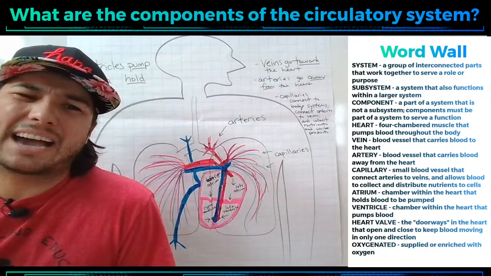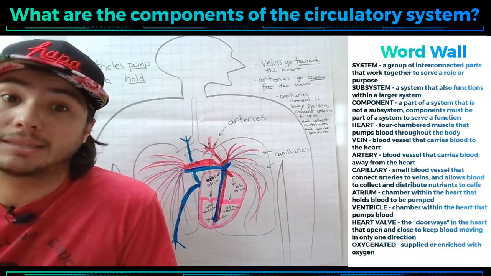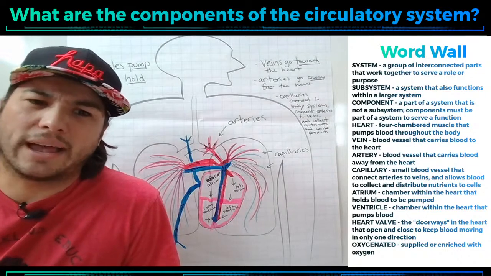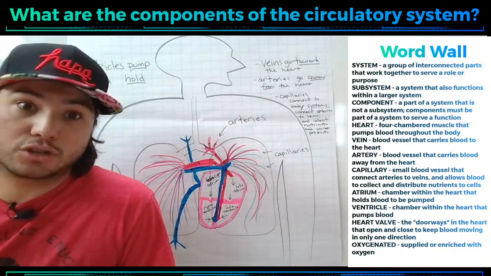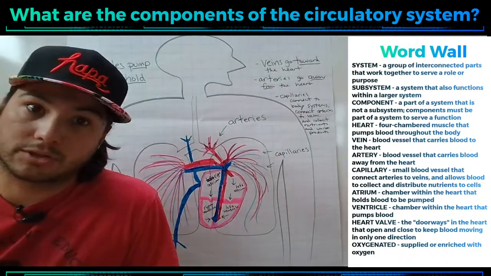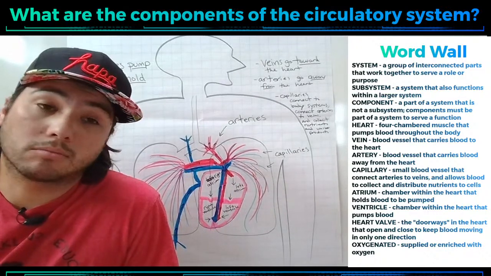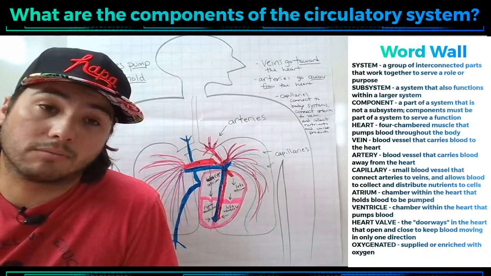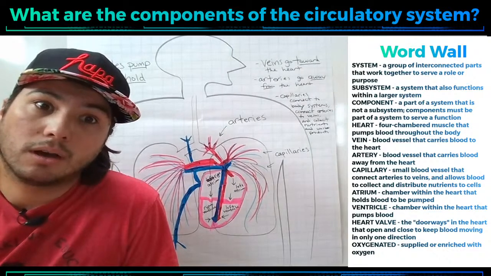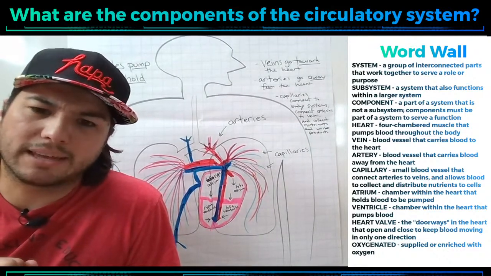It's scientifically accurate in that everything's moving in the right direction, everything's going to the right place, and it's in the right sequence, but it doesn't look like an actual circulatory system or a scientifically accurate model of one. I did not have enough time to draw the tens of thousands of miles of blood vessels in our whole body. So I simplified things a little.